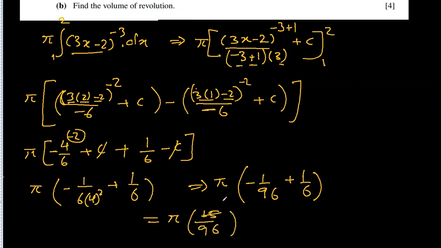We can divide by 3, 5 and 32. Finally, the volume is 5 pi over 32 units cube.